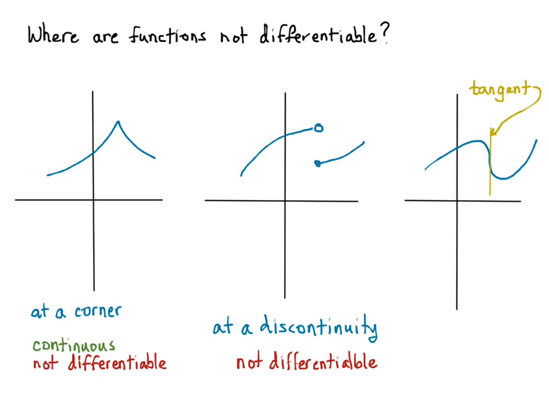And so if we have a tangent that has a vertical slope, like this, the slope of this line does not exist. So if the slope doesn't exist, the derivative doesn't exist, because that's what the derivative is. It's the slope of the line that's tangent at that point.